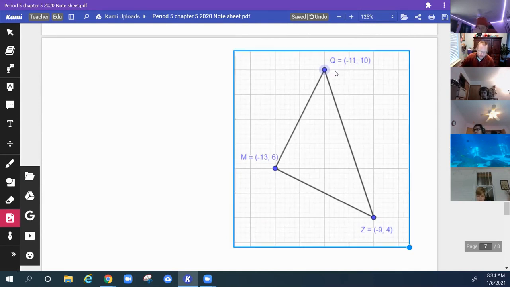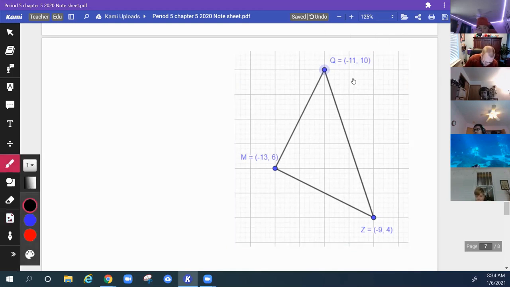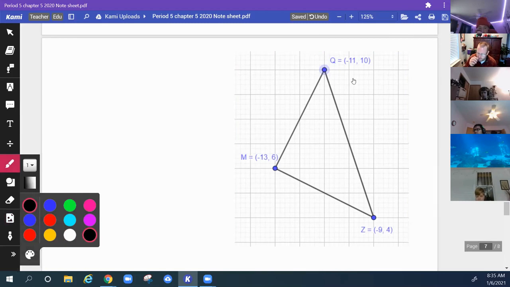All right. So here's what we got. There's the picture. Again, I am going to throw this in Schoology because I think it's a little bit easier to see.